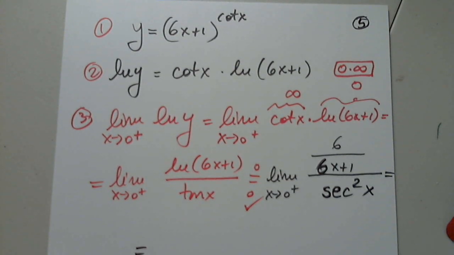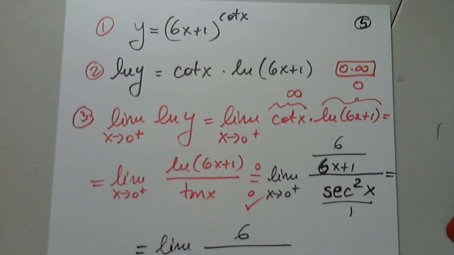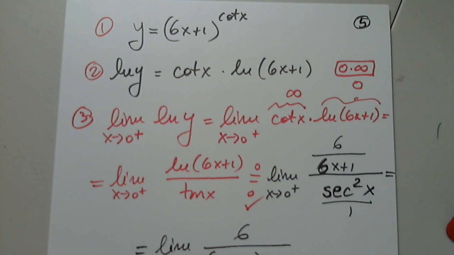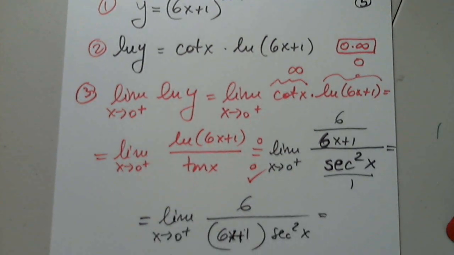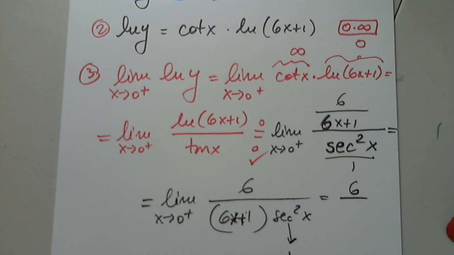Let me write it one more time, because this is secant over 1 and I have to flip it. Limit as x approaches 0 of 6 over 6x plus 1, times secant squared x. Why is it done? Because the numerator goes to 6, and this goes to 1, since it's 1 over cosine, and cosine is 1 at 0.